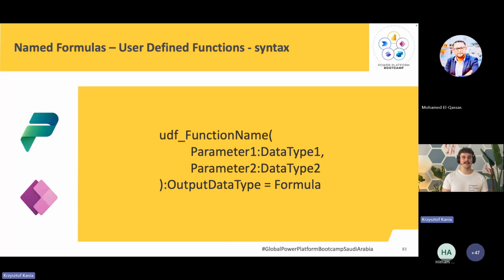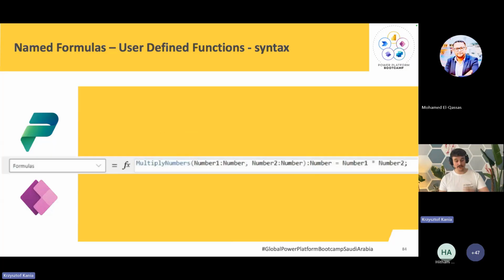So what will be the data type going outside of a function, and then it equals our logic. It equals our formula. So let's go to the classic approach everyone will show you in tutorials online and in Microsoft documentation, multiplying numbers. So let's take number 1, number 2, the output should be a number, equals a logic, multiply 1 with 2.